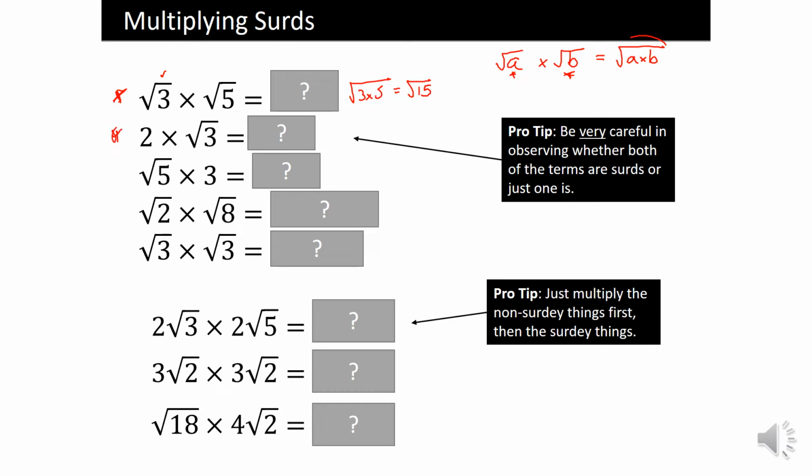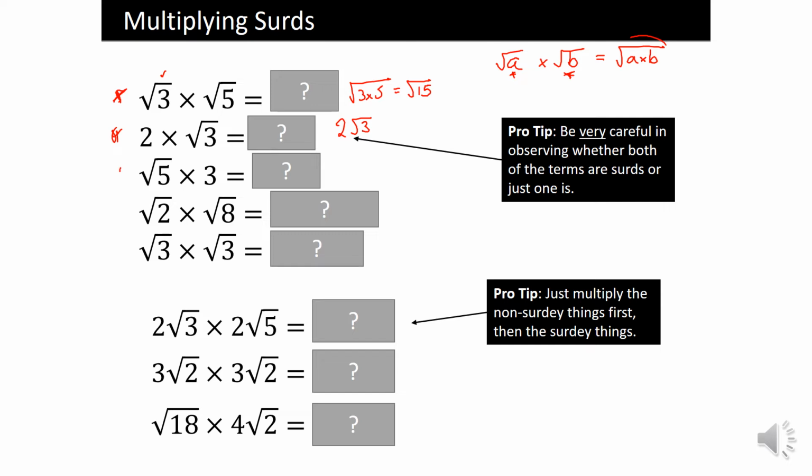This is 2 times root 3. This is fairly straightforward. We just write that as 2 root 3. When there's a square root, you can think of it as an algebraic thing. It'd be like if there was 2 times x, you could write it as 2x. It's the same kind of idea. Basically, you can't mix the square root things with the non-square root things in this case.